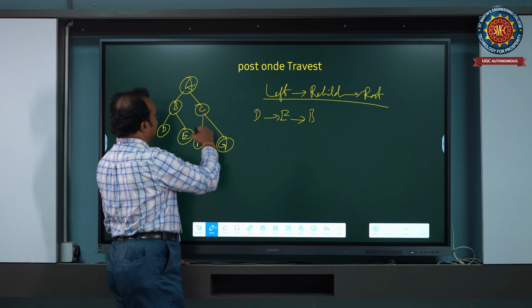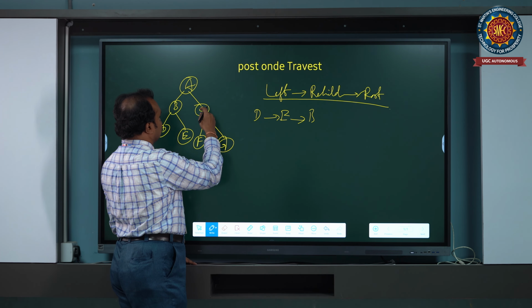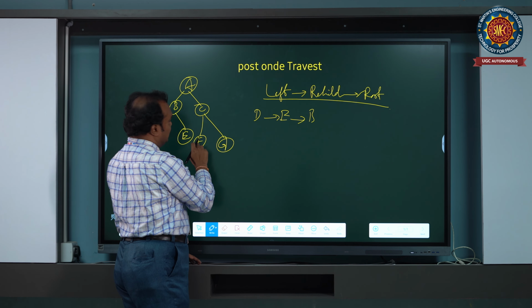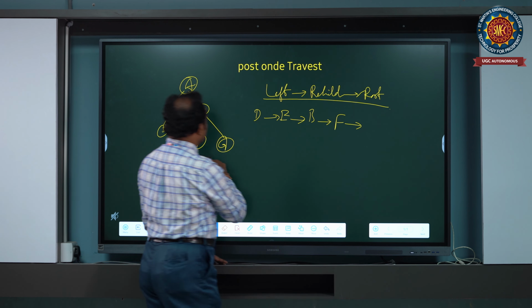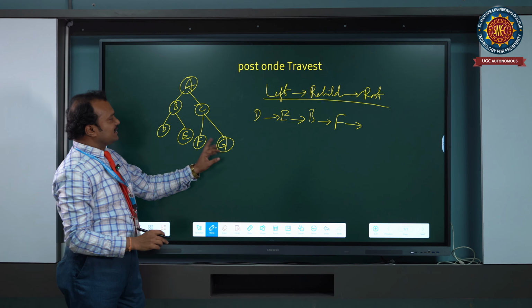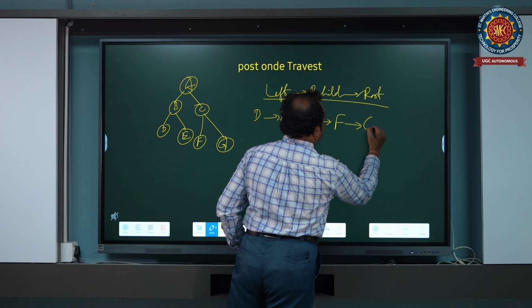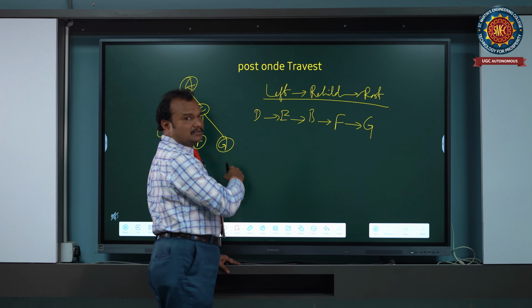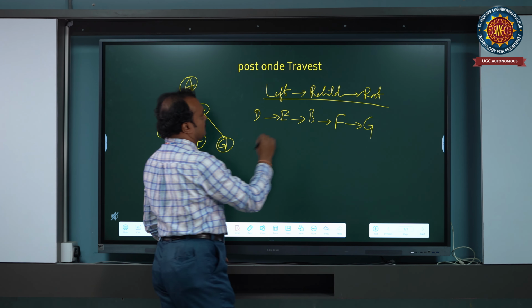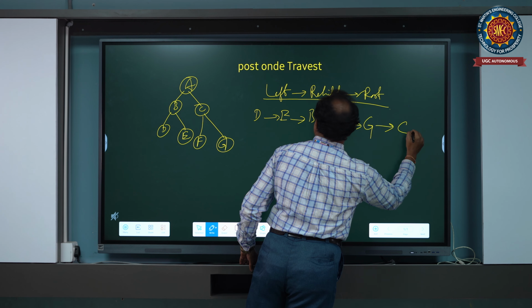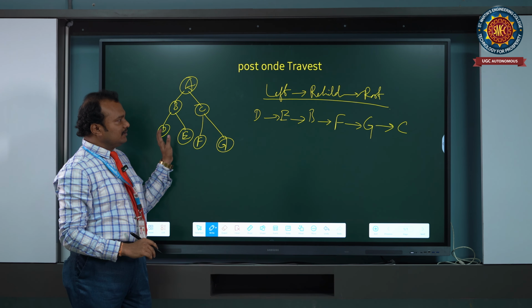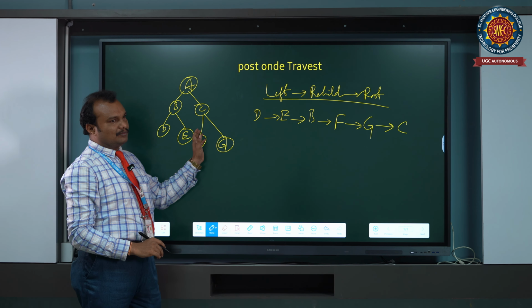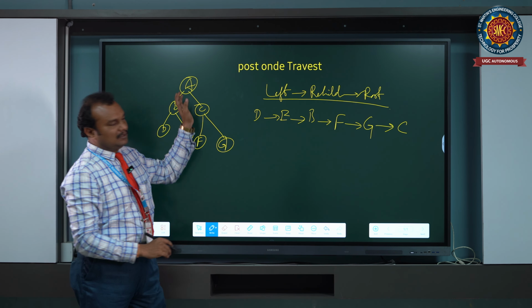So coming to the right sub branch, again the left child will be F. So then it will traverse the right child. So that is G. So next after that it will print the next node C. So now left sub branch nodes are over, right sub branch nodes are over, only the root node will be left.